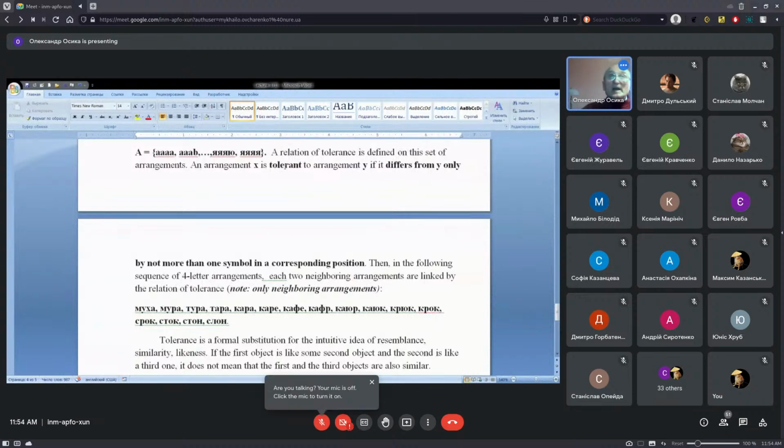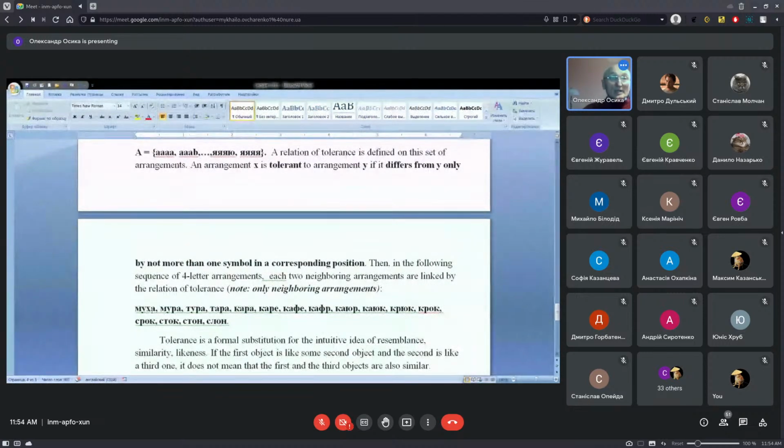But we said X differs from itself in not more than one position, and it doesn't differ at all. It differs in 0 positions. 0 is not more than 1. So 0 or 1 are allowed.